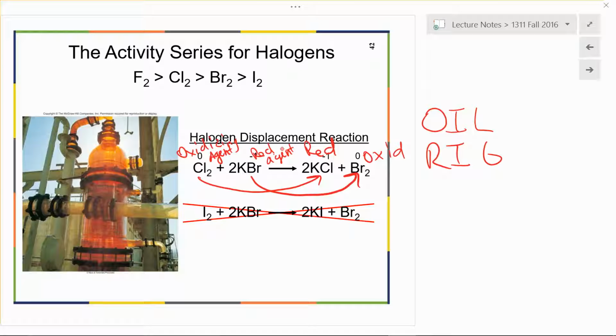No, and that's what we see here. Iodine cannot cause the oxidation of bromine. So you're only going one way in this activity series, starting with fluorine. Chlorine could act as the reducing agent of F2, but F2 could not reduce chlorine. So that's how that would work, with the halogens.